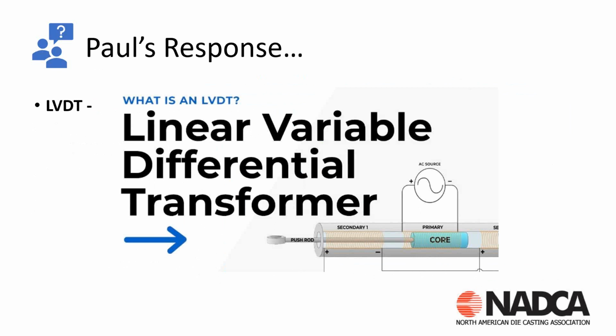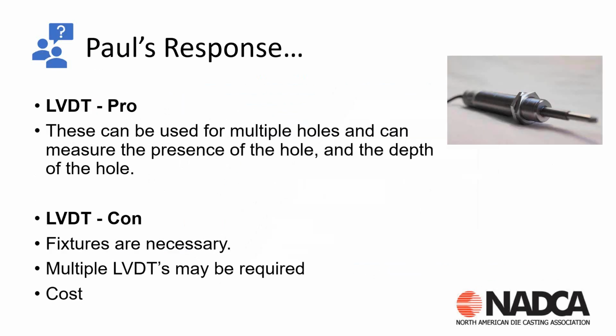You can also use an LVDT. Now, I used this a long time ago where I had a casting with many cores in it, and I would just fixture the part. The operator would get the trim casting, put it on the fixture, and throw a clamp on it. The LVDT would come up into the part and check all of the holes. Not only do they check for the presence of the hole, but they have the ability to check for the depth of the hole.